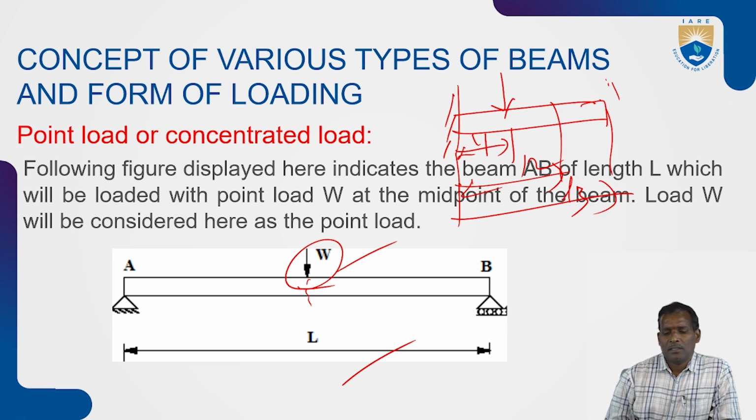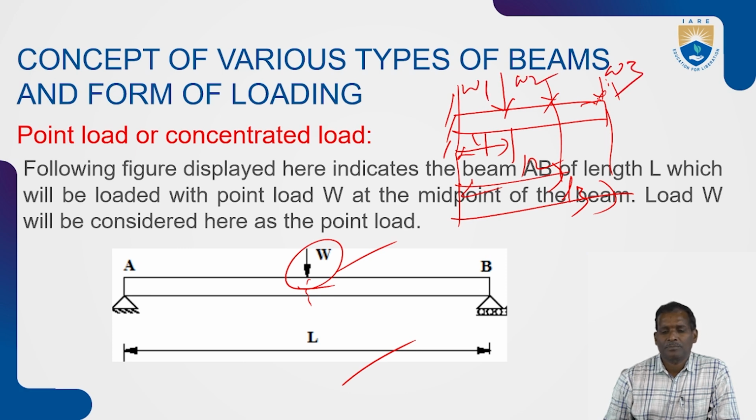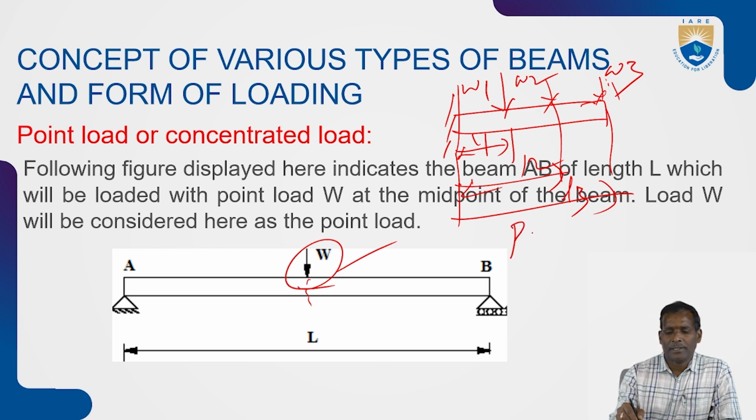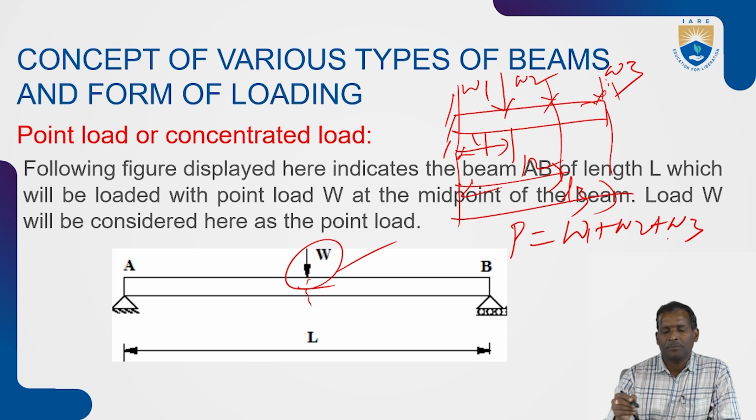One load acts at L1, the second at L2 and the third at L3: W1, W2 and W3. These are point loads. How do you calculate the total load acting on the beam? The total load is W1 plus W2 plus W3.